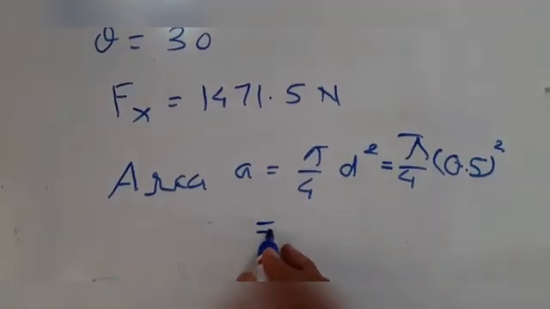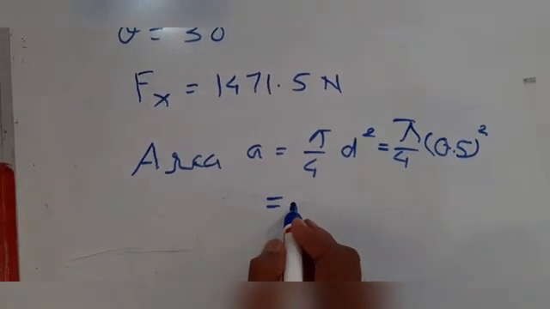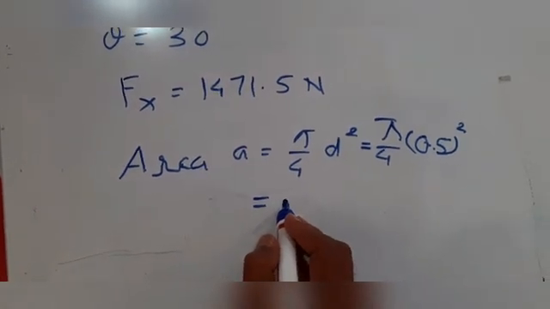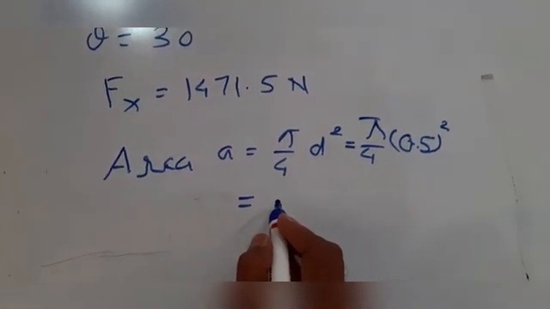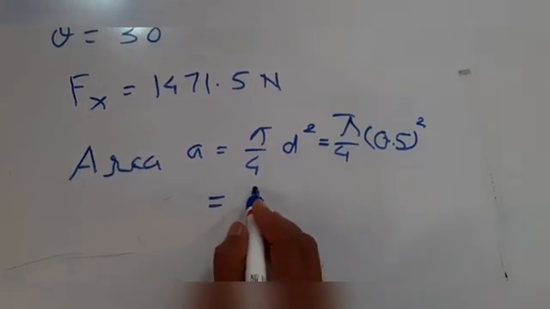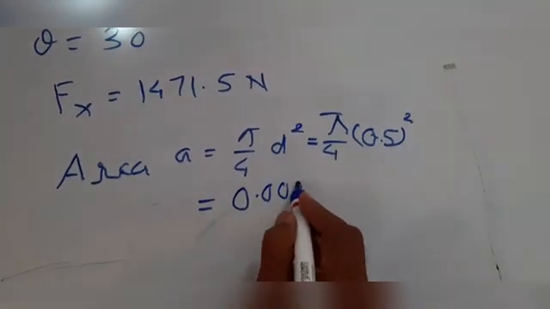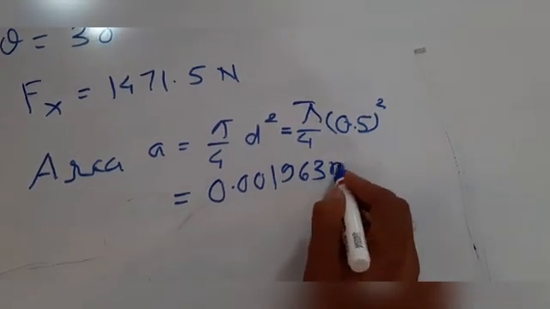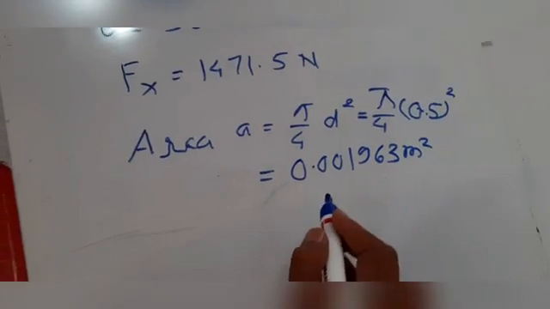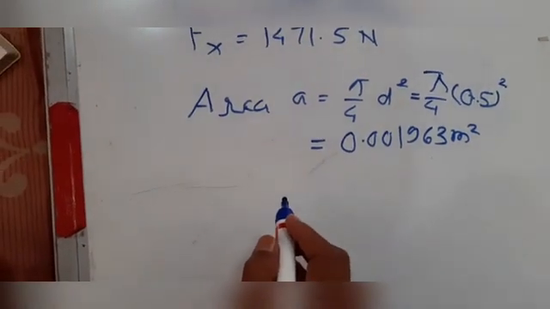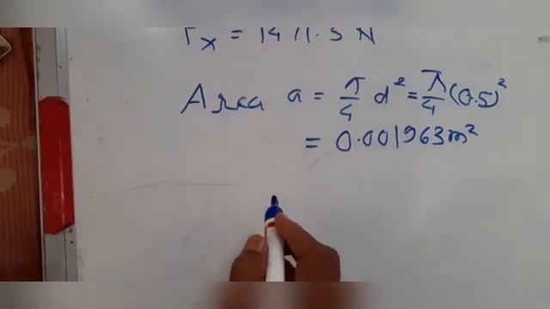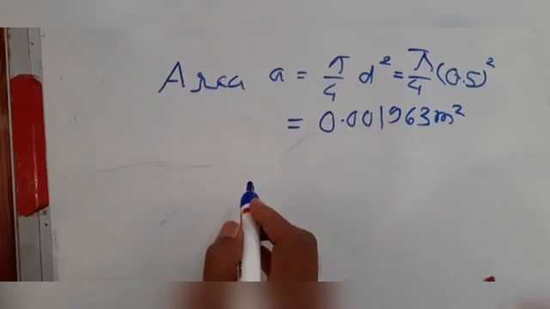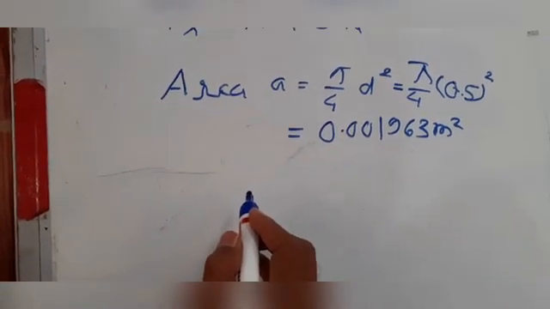So we'll get an area of 0.001963 meter square.